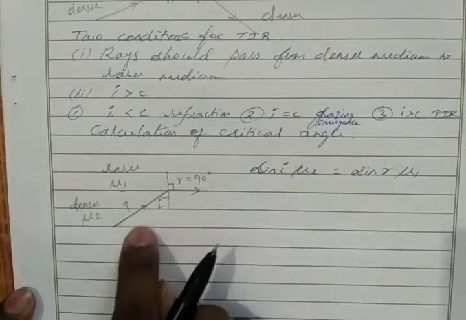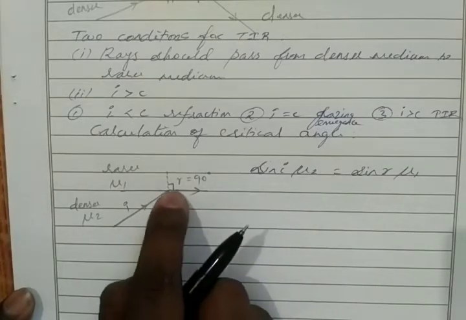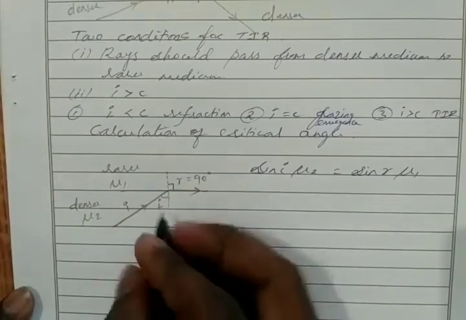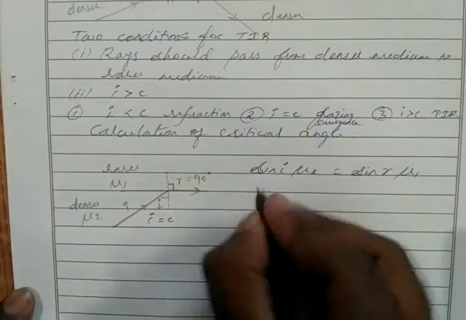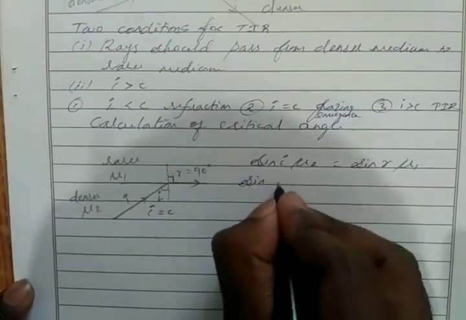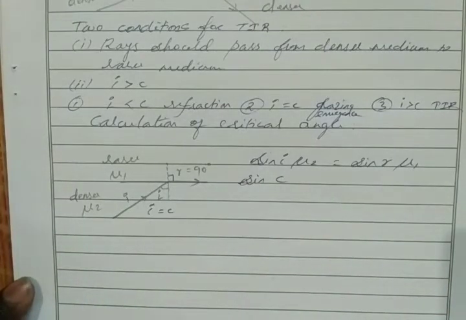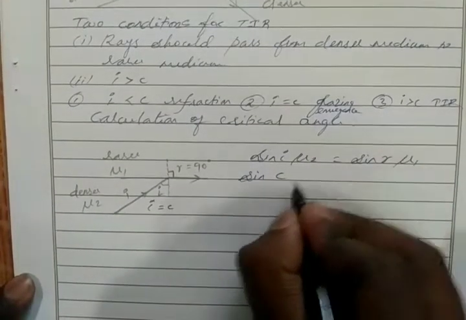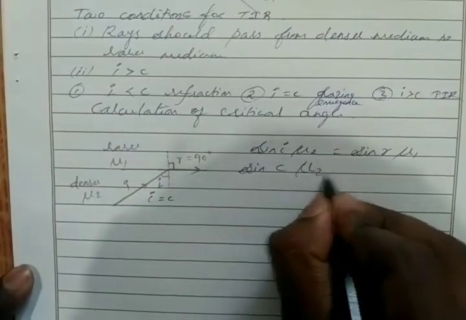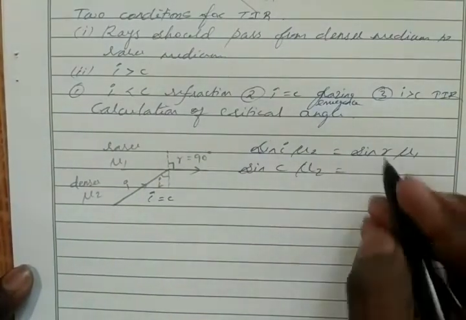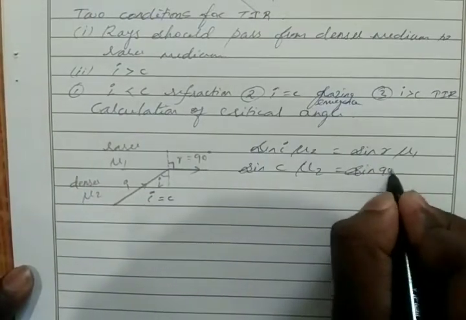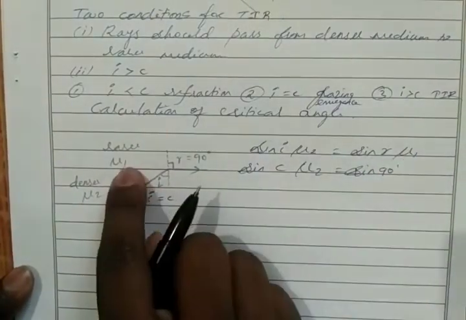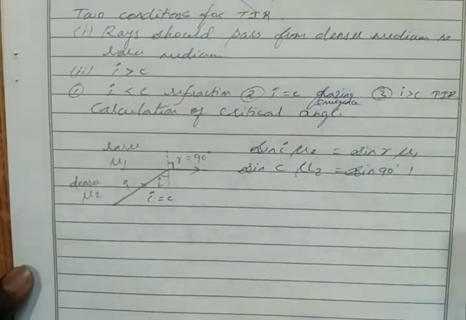So what is the angle of incidence here? See, it is moving along the interface. So we can say angle of incidence equals critical angle. Then only it moves along the interface. So I can take angle of incidence as critical angle. Then mu2 sin C equals mu1 sin r, and what is r? 90 degrees. Sin 90 is 1, and mu1, refractive index of air, is 1.